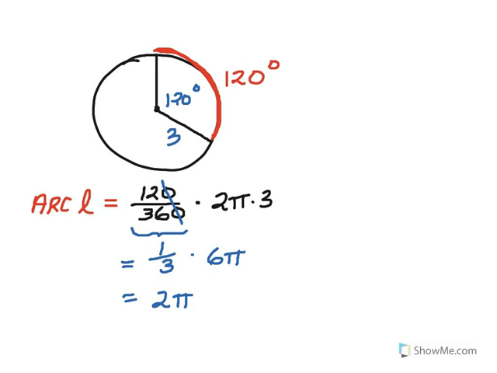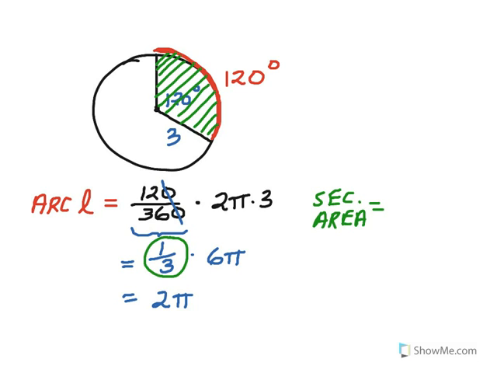Okay, so now let's find sector area. I'm going to take the circle, and I'm going to fill in the area of the entire sector here in green. Let's say I want to know that area. Sector area is going to be equal to the same fraction. I've already simplified it. It's 120 over 360, so a third of the circle, times the area of the circle, which is pi times the radius squared.